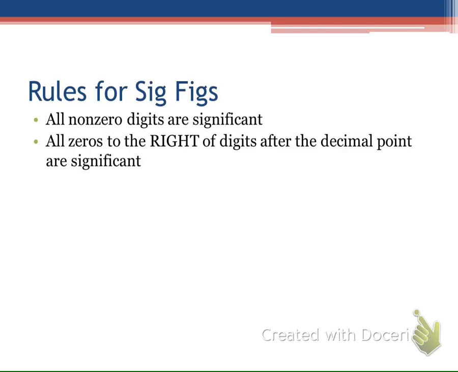Zeros to the right of digits after a decimal point are significant, and that is with the example that we just showed.